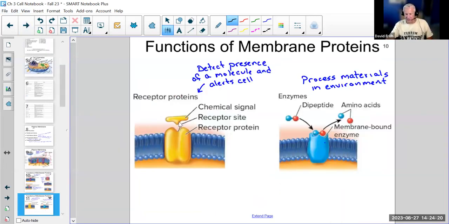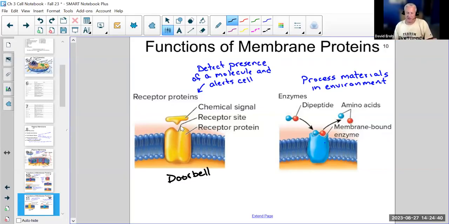You also have proteins that are basically like a doorbell. There's your house. There's a certain little spot on your house where if somebody pushes it, you are alerted inside that someone is at the door. These are like that.